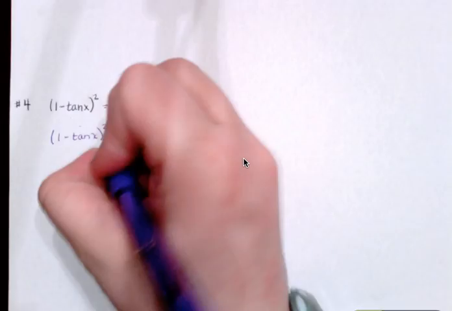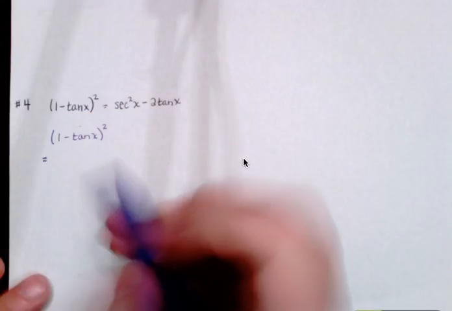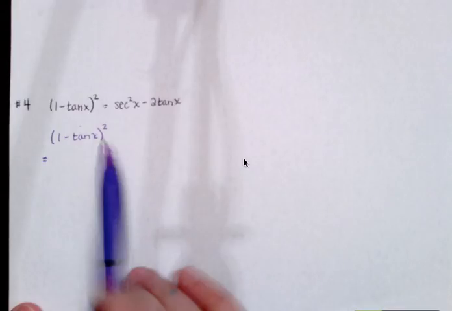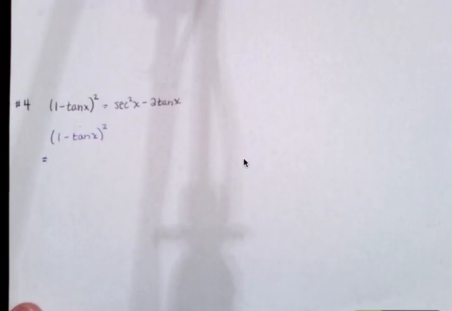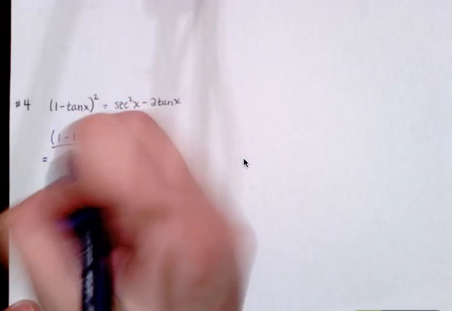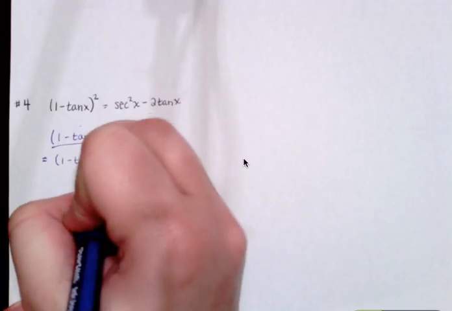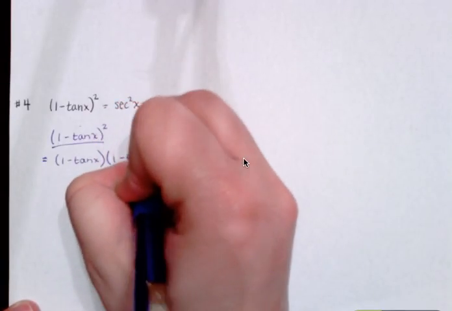So the only thing we could do from this is figure out, well, what is 1 minus tangent squared? That is not a trig identity because this does not just get distributed. Remember, what squared means is something times itself. So this means I'm going to take 1 minus tangent of x and times it by itself, 1 minus tangent of x.